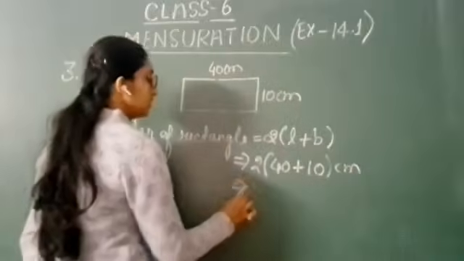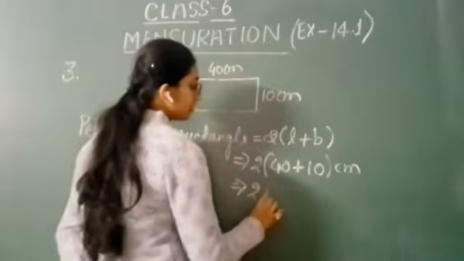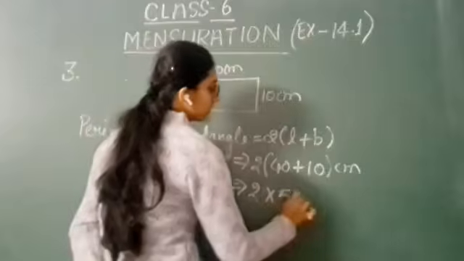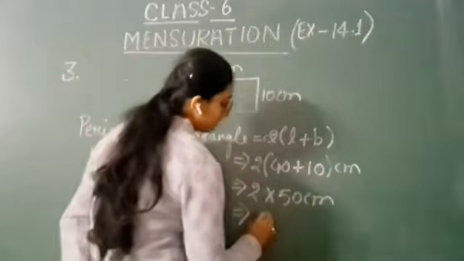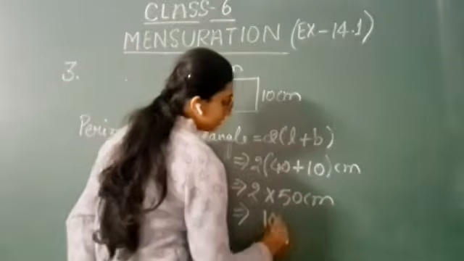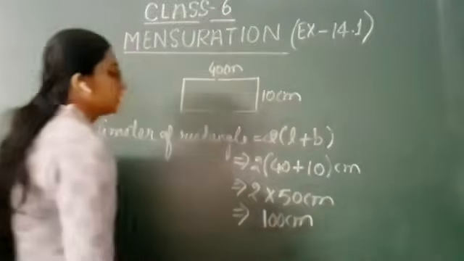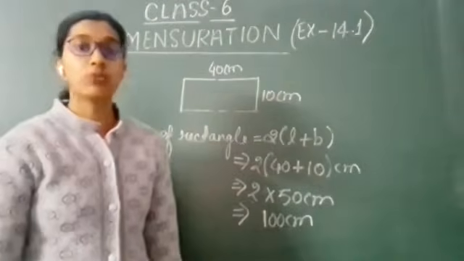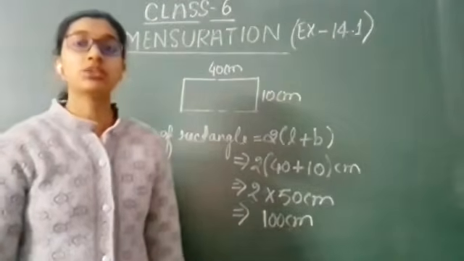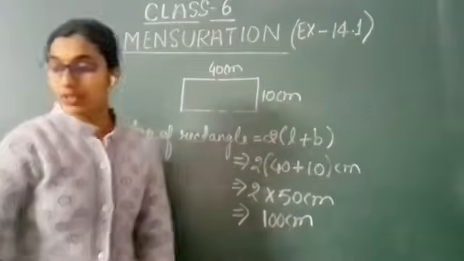Then 2 into 50 centimeter, and we get 2 multiplied by 50, 100 centimeter. Now in the question it is asking for the length of the tape required, and we know that perimeter is equal to the length of its boundary.